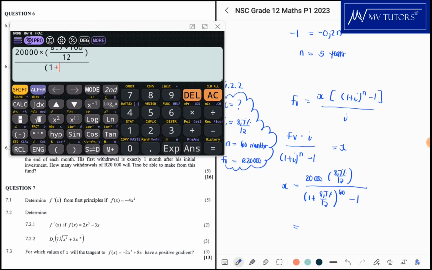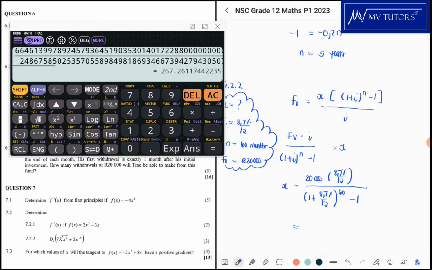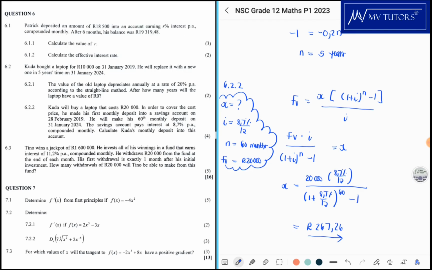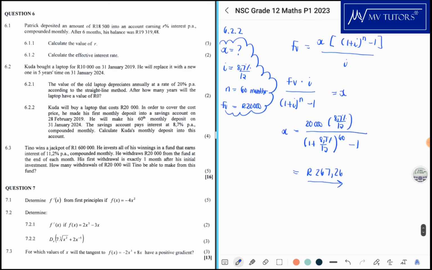We have 1 plus 8.7 divided by 100 divided by 12, and that is to the power 60, and we are subtracting 1. So then we see that the monthly amount is going to be 267 rands and 26 cents. That was a nice 4 marks.